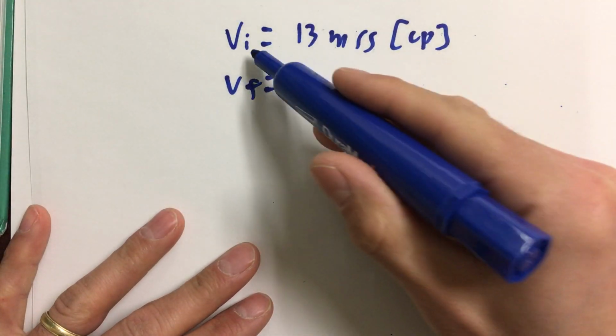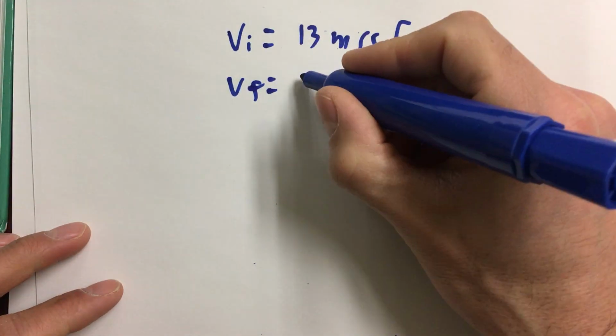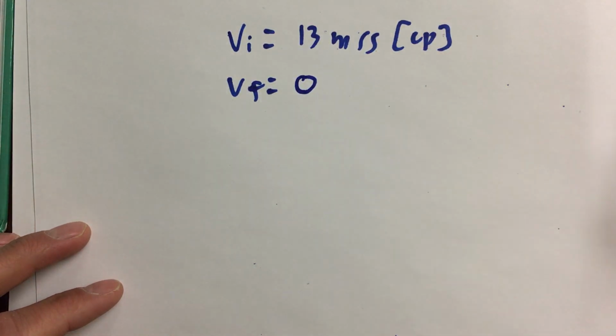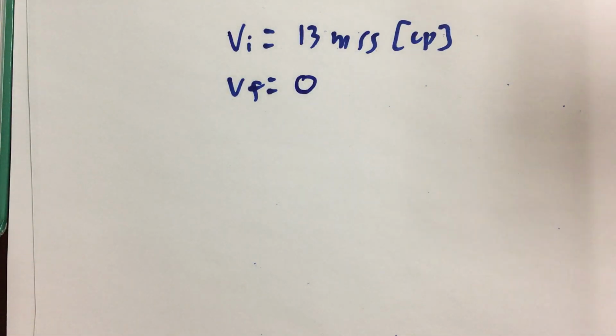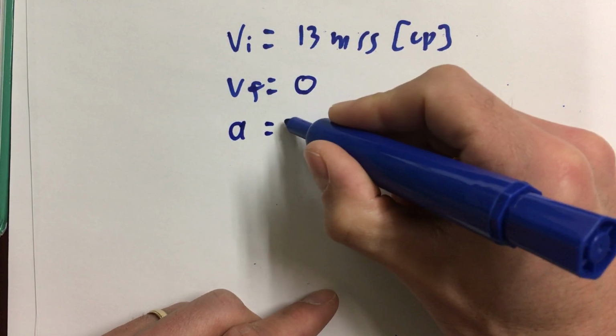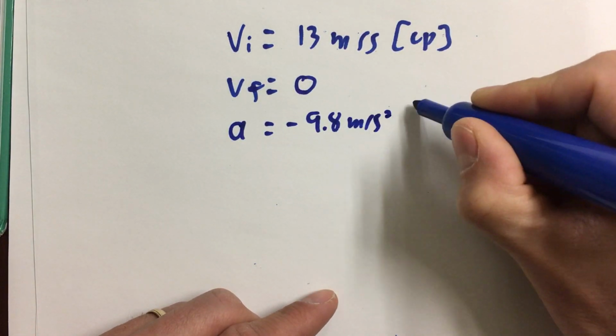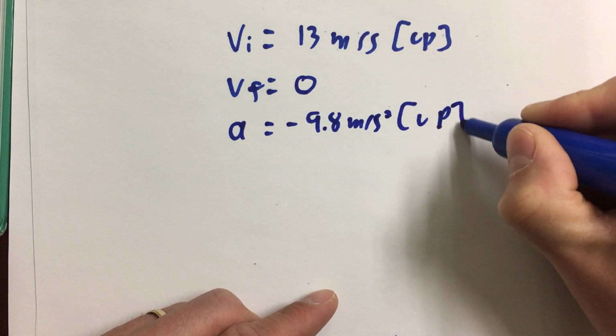So we've got an initial velocity of 13 meters per second, a final velocity of 0 because it stops at the top. We're looking for the maximum height. We've got an acceleration of negative 9.8 meters per second squared up.